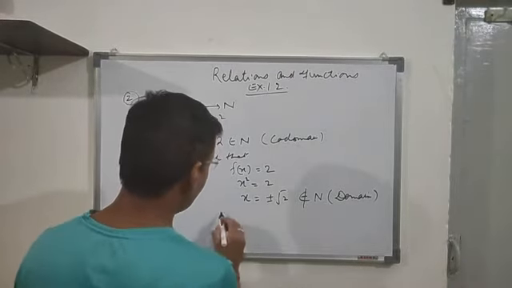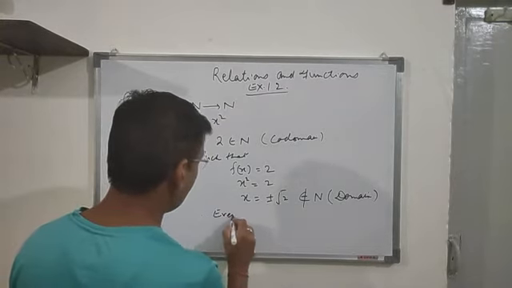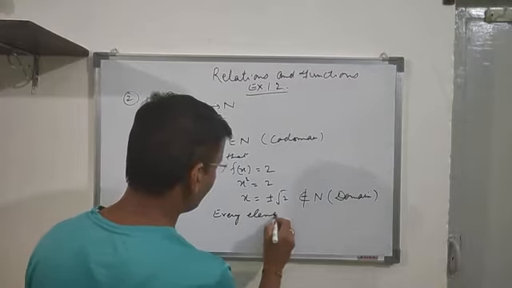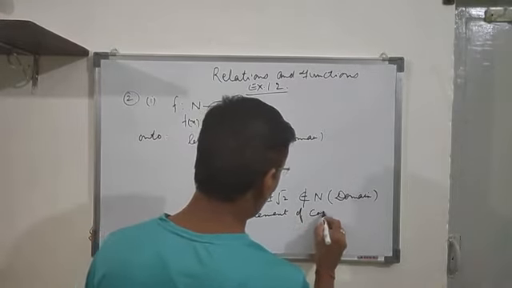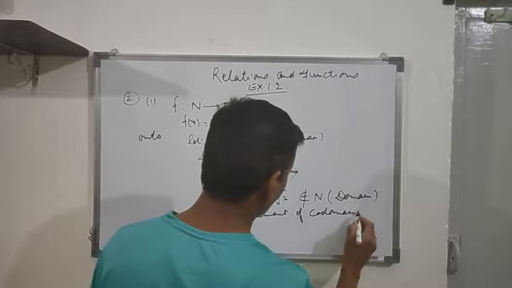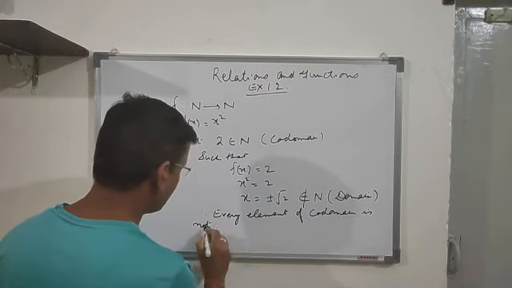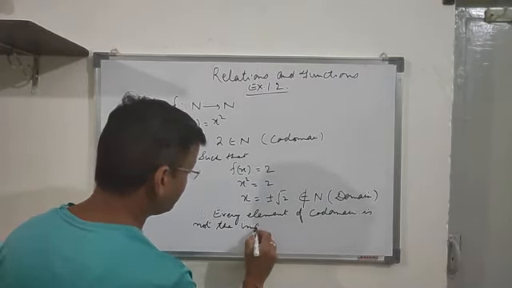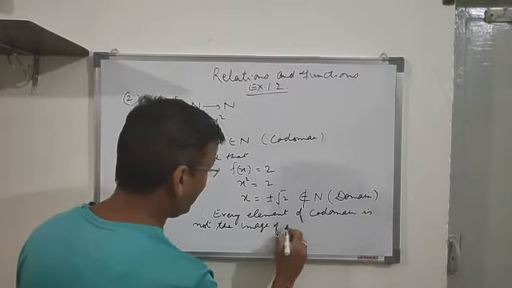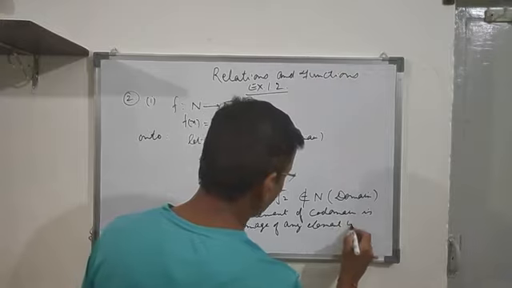Therefore we say that every element of the codomain is not the image of any element in the domain.